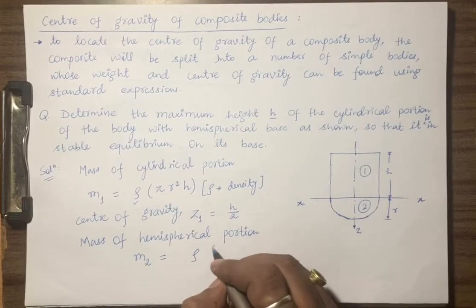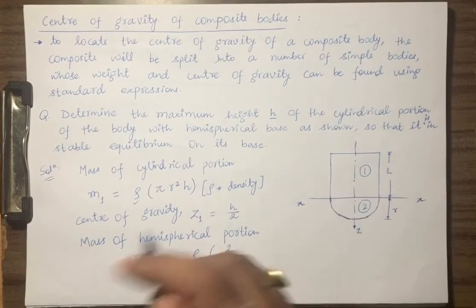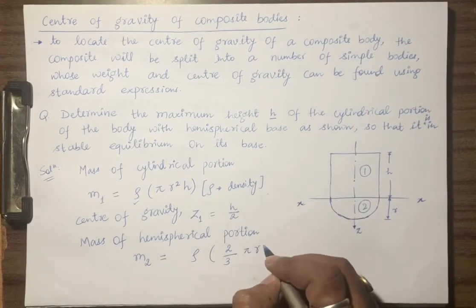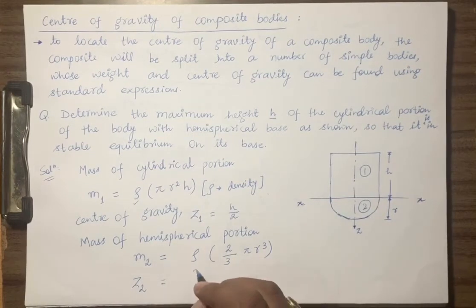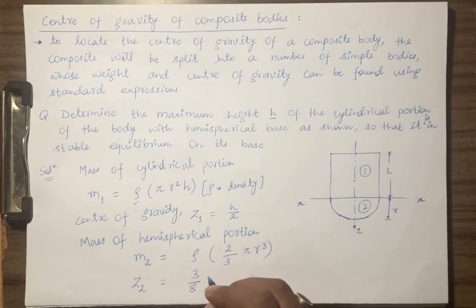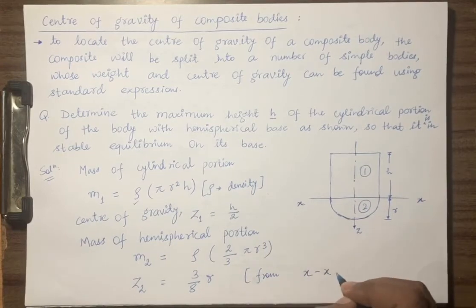The total volume of a sphere is 4 by 3 pi r cube, half of it is 2 by 3 pi r cube, and Z2 we have already calculated, this is 3 by 8 into r, from the x plane.